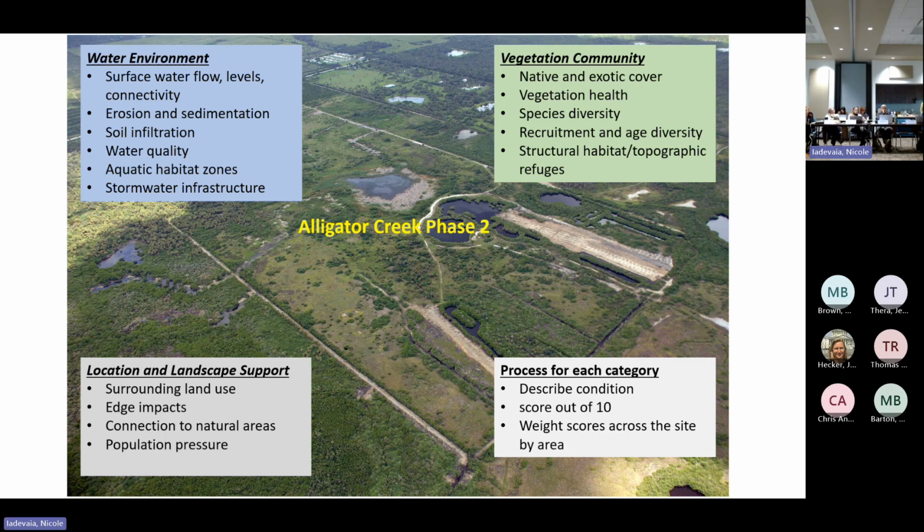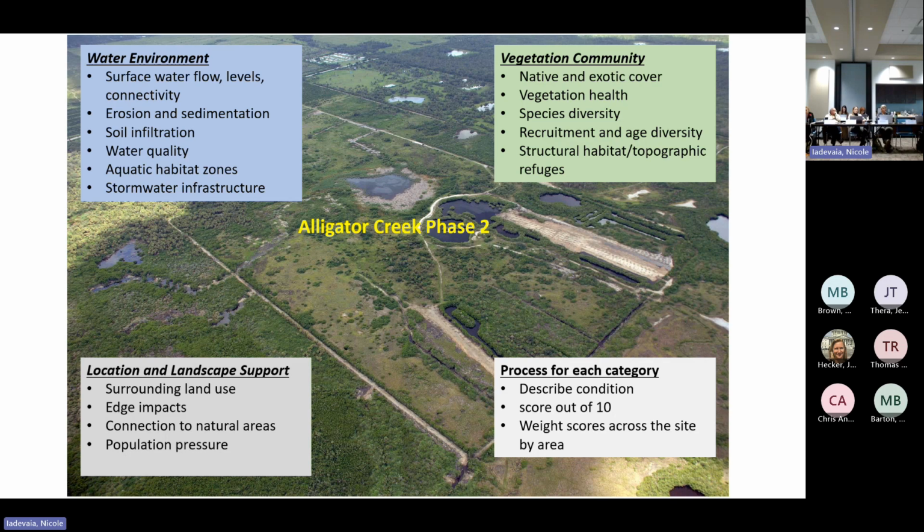The vegetation community, we'll estimate the relative cover of native and exotic species. We do a lot of enhancement projects, a lot of exotic removals in the uplands. So we'll look at what plants we're seeing. Are we seeing a good percentage of the planted species, low percentage of the ones we're meant to get rid of? Species diversity, recruitment.